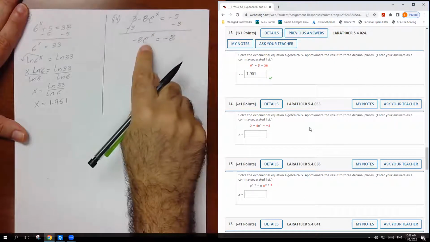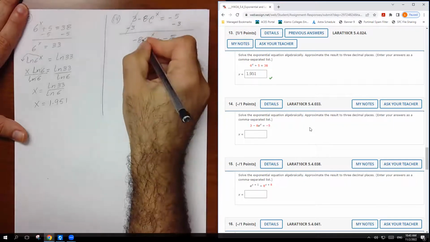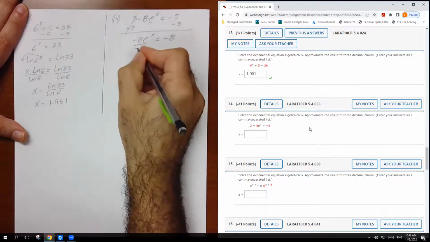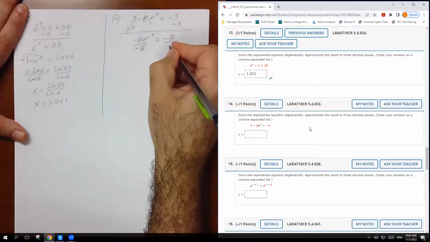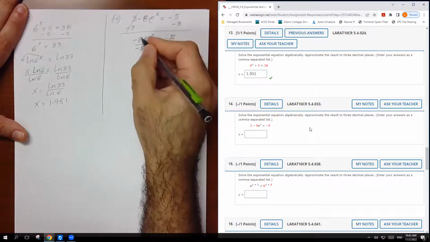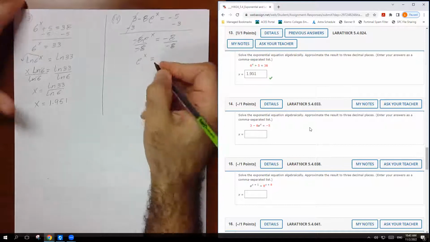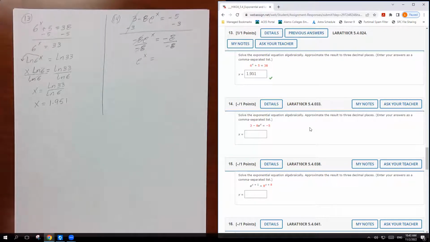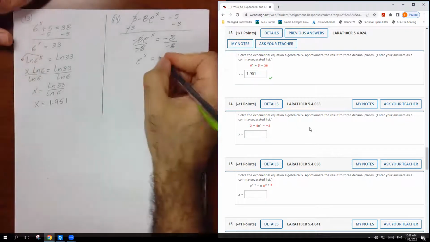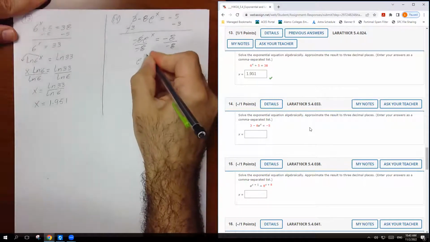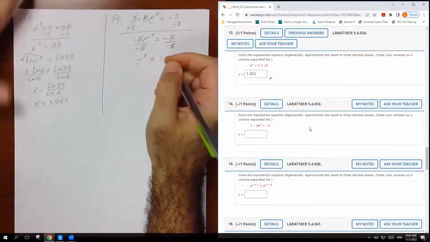Now I need to keep e to the x by itself, and here's multiplication. So I'm going to divide by -8. Cancel here. So e to the x is going to be equal 1. Now we're going to do the same thing.